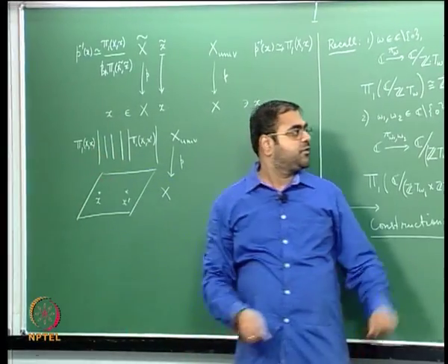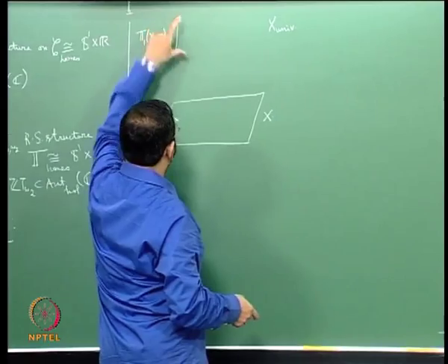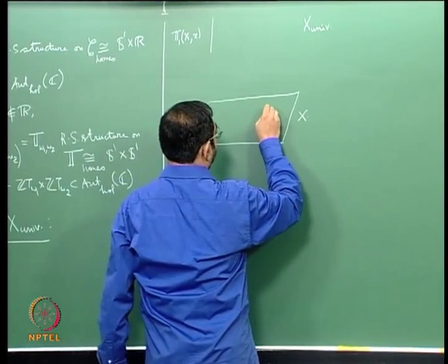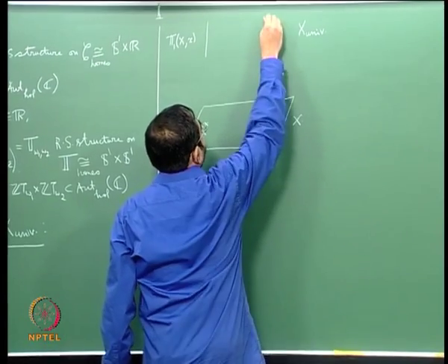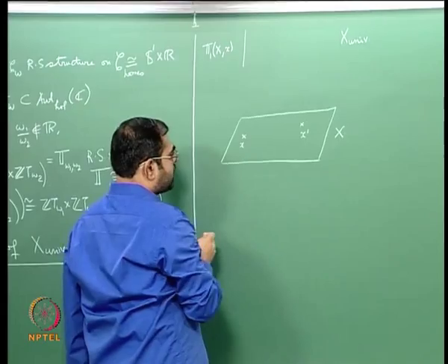Okay, so it's very clear that over x I will have to put the fundamental group at x, but then if you take another point, let me say x prime, what is it that we are going to put on top?